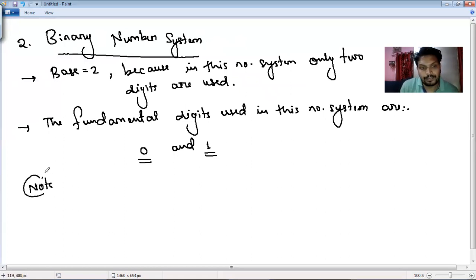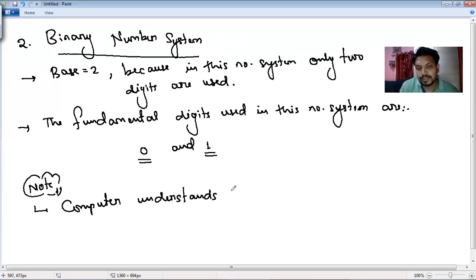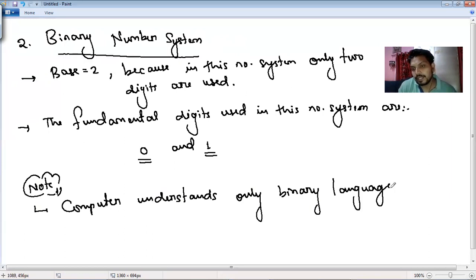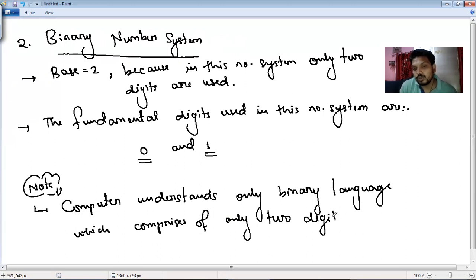So note, computer understands only binary language, which comprises of only 2 digits, 0 and 1. Is this clear?